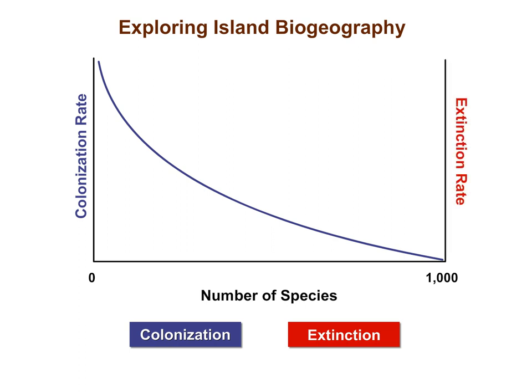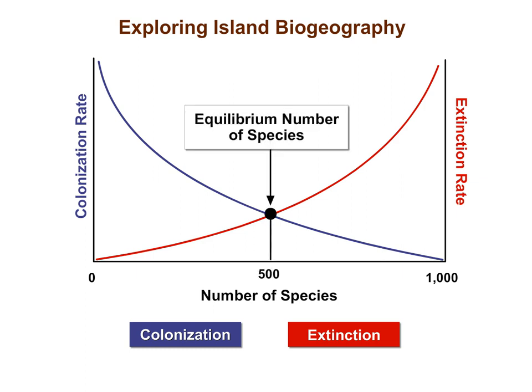Now let's see how extinction rate changes as more and more species colonize the island. Initially, few species are driven to extinction. As more species arrive, the influence of predation and competition becomes stronger and makes extinction more common. The point where the curves for immigration rate and extinction rate intersect is the equilibrium number of species.